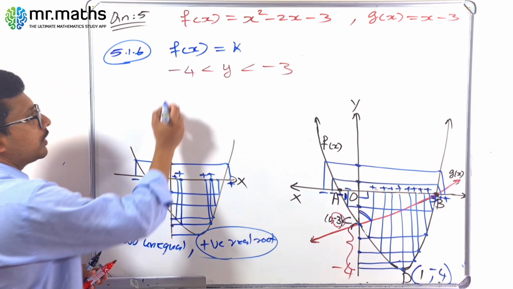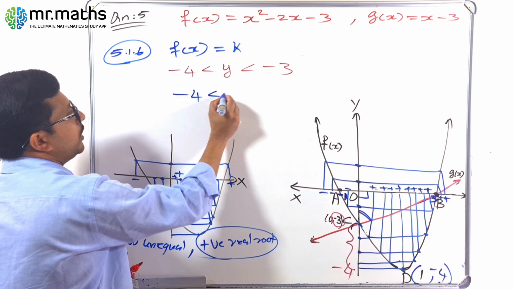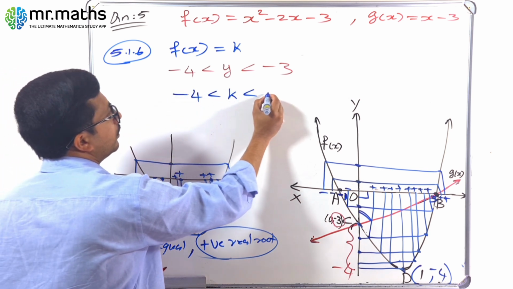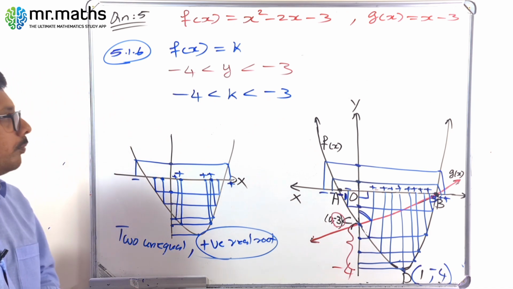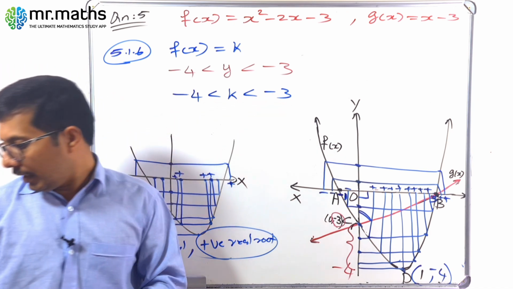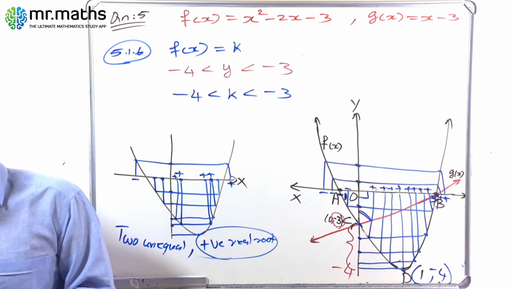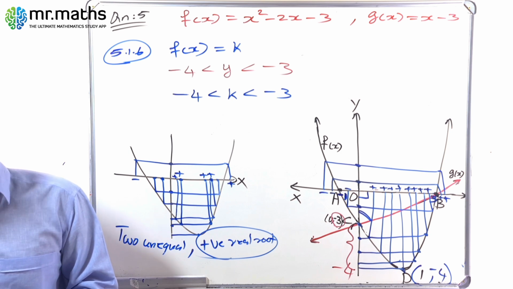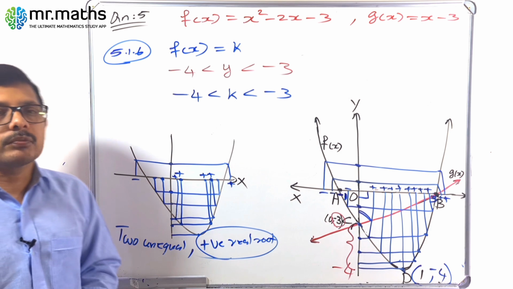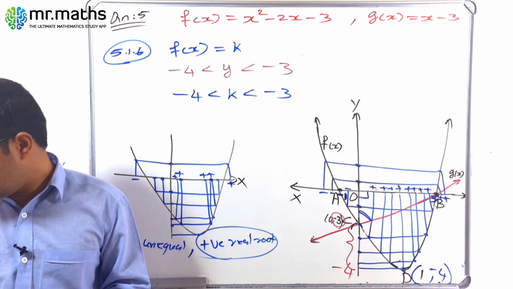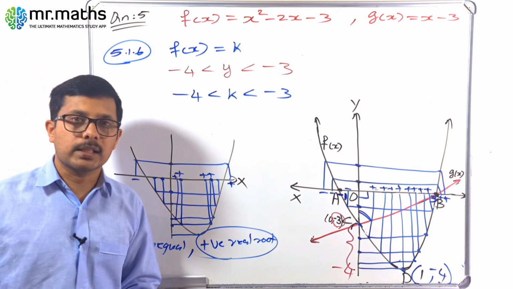So how can you write the answer? The value of k is between minus 3 and minus 4. I mean minus 4 less than k less than minus 3. So guys, that is 5.1.6. Now let's go to 5.1.7.